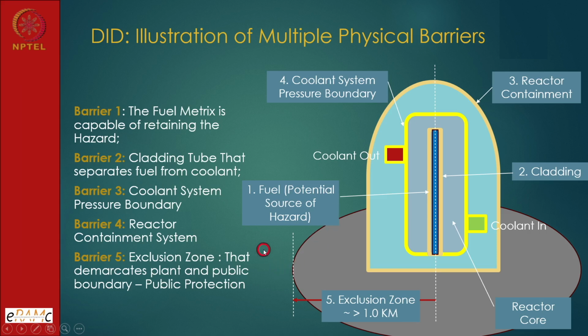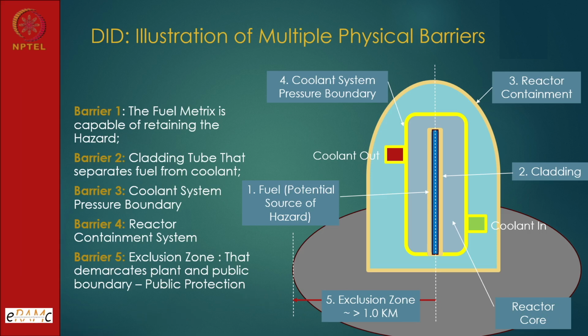Beyond this boundary the public resides, and in this area only employees and professionals will be living, and that is how it becomes an exclusion zone. This itself becomes one of the barriers for radiation consequences. So this is all we were talking about in a reactor example, the 5 barriers that we have discussed here.